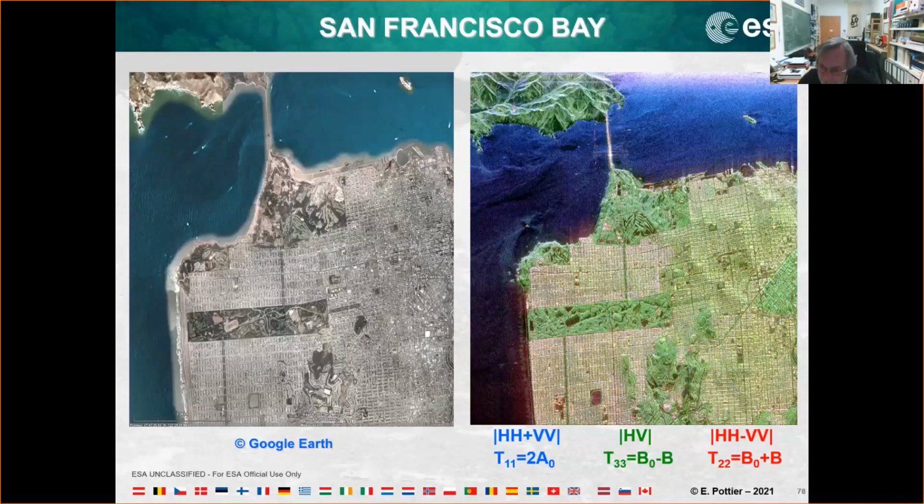You have the green colors in the parks, in the vegetation, which correspond to the volume scattering mechanism, or vegetation scattering mechanism. And you can see also some change of the roughness of the sea surface on the bay. So we shall use this image to illustrate the different concepts I'm going to present to you.